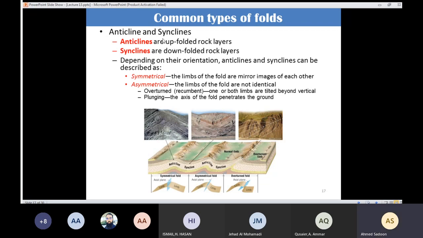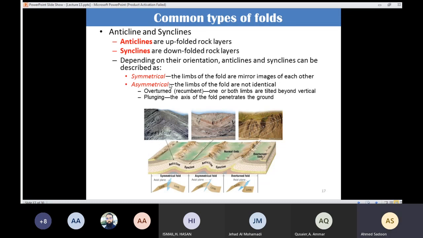So we could have upfolded rock layers and downfolded rock layers. We have anticlines and we have synclines. And that depends on their orientations. The anticlines and synclines can be described as symmetrical and asymmetrical.